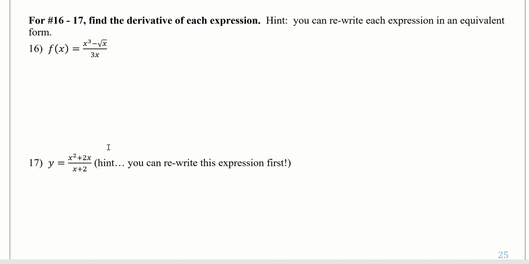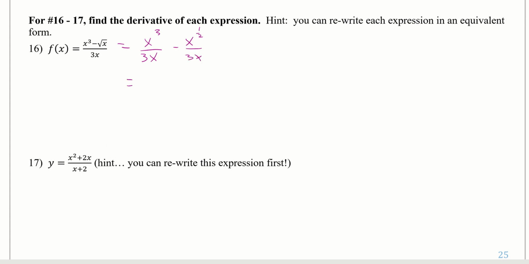Okay. So here, 16 through 17, find the derivative for each expression. You can rewrite each expression in equivalent form. So what that tells me for number 16 is I definitely want to break it apart. I like using the power rule as much as I can. In my opinion, it makes my life a lot easier.